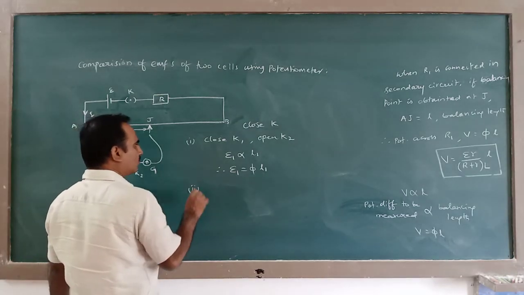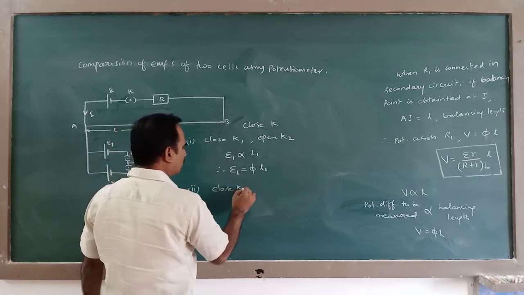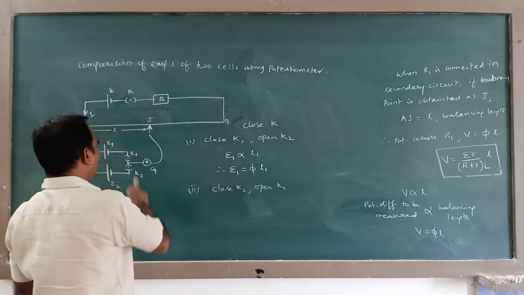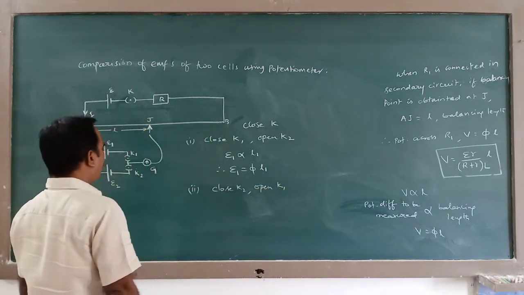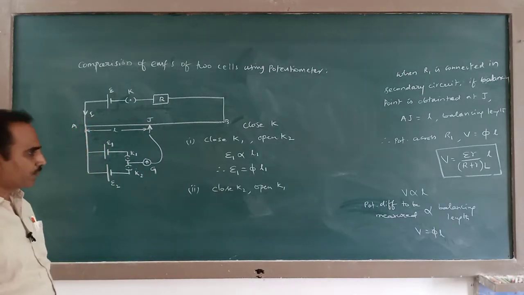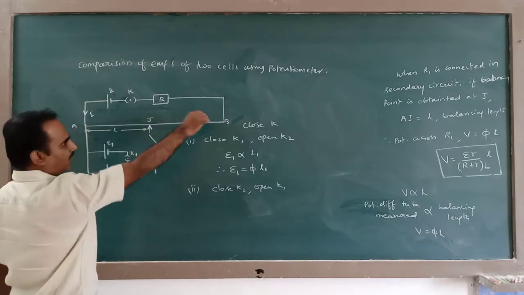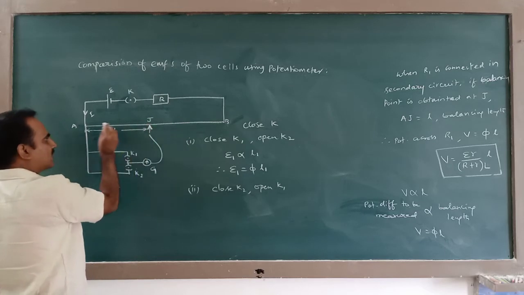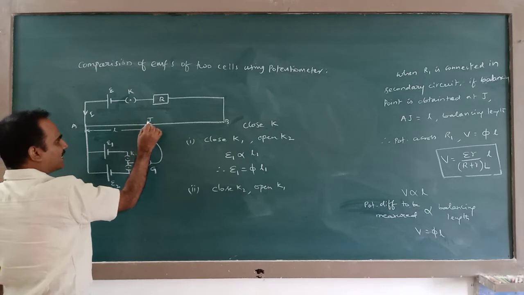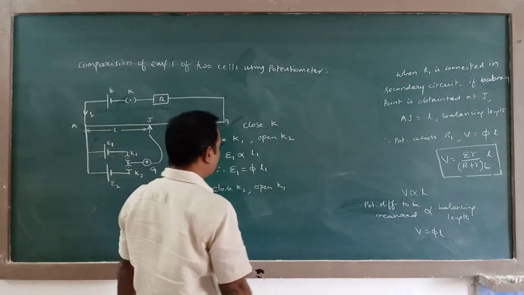Now you close K2 and open K1. Then the first cell is excluded, and only the second cell is included in the circuit. Again you move the sliding contact from end A towards end B, pressing the sliding contact over the wire. Again at some point here you will get the balancing point, and you note down the balancing length L2.